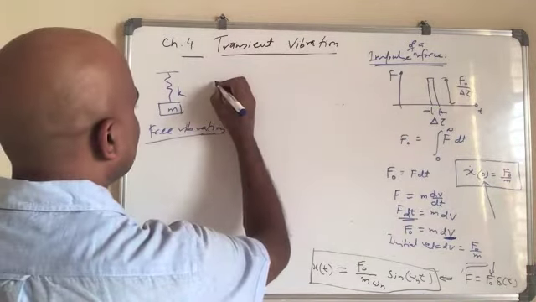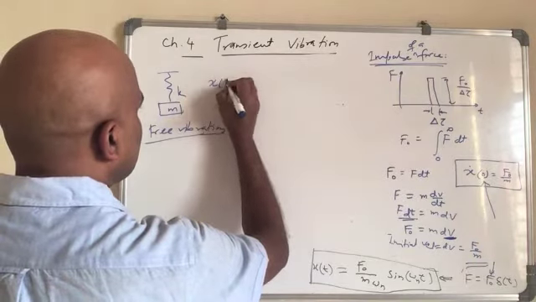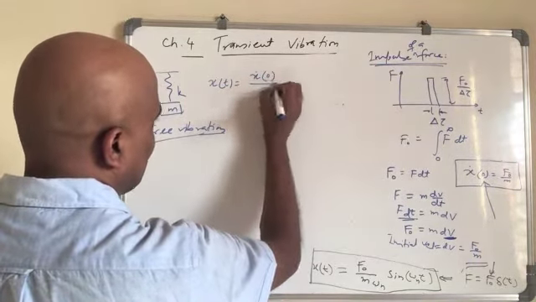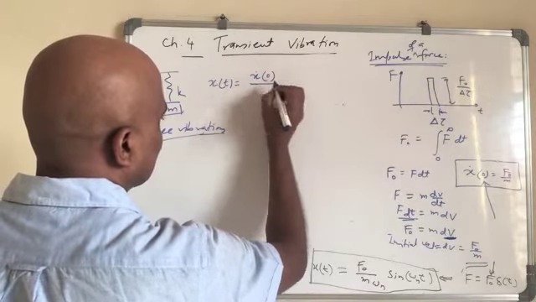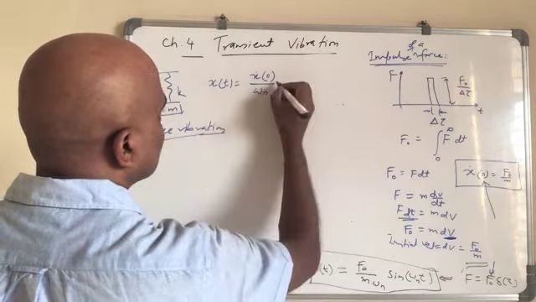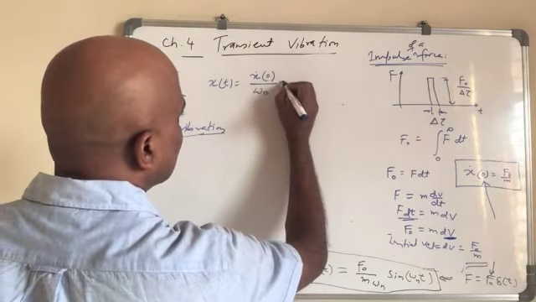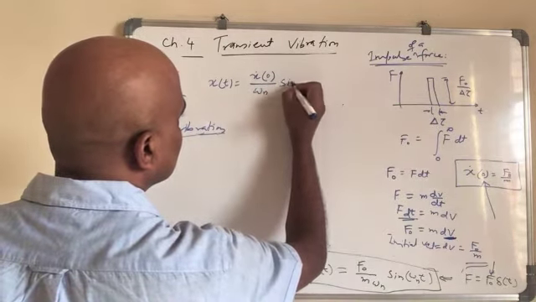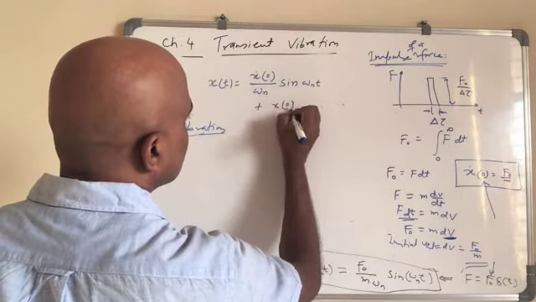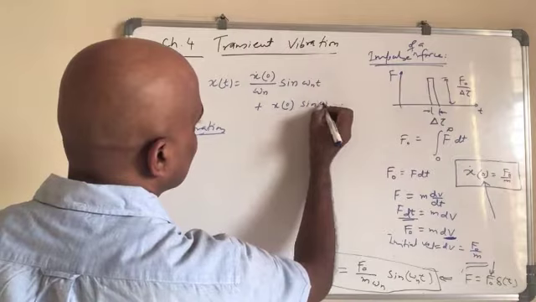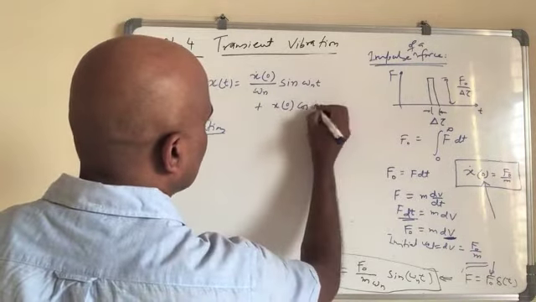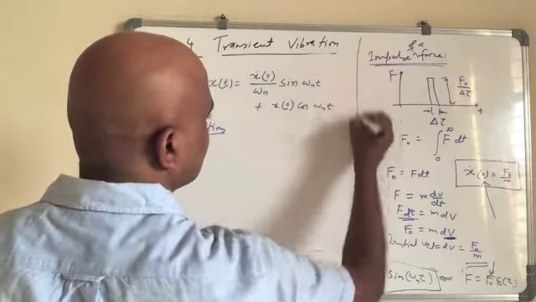You get x(t) is equal to x dot 0 over omega n, sine omega n t, plus x 0 cos omega n t.